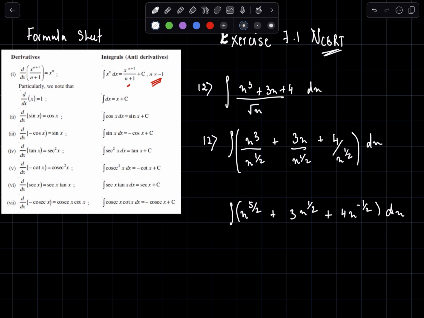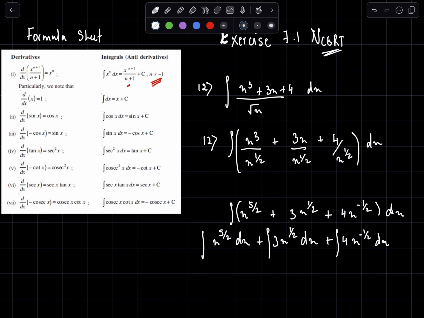Now you can integrate these terms. These are very easy to integrate, but let's do it together. So I will not expand it now. Let's do it anyways. That's fine. The integral of x to the power 5 by 2 dx plus 3x to the power of half dx plus 4x to the power minus half dx. Correct? So how do we integrate?